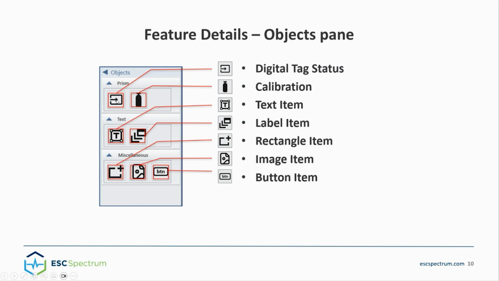In the Prism section, we have available the digital tag status item and the calibration item. Text-wise, we have text and label items, and miscellaneous, we have the rectangle item, the image item, and the button item. And I'll go through each of these.